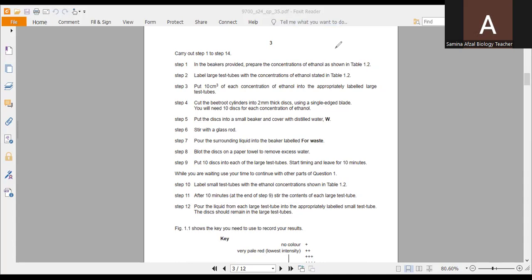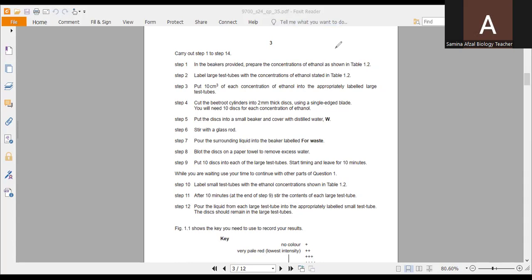First step is, in the beakers provided, prepare the concentration of ethanol as shown in table 1.2. So we have made 50%, 40%, 30%, 20%, and 0%. Label large test tubes with the concentrations of ethanol stated in table 1.2.